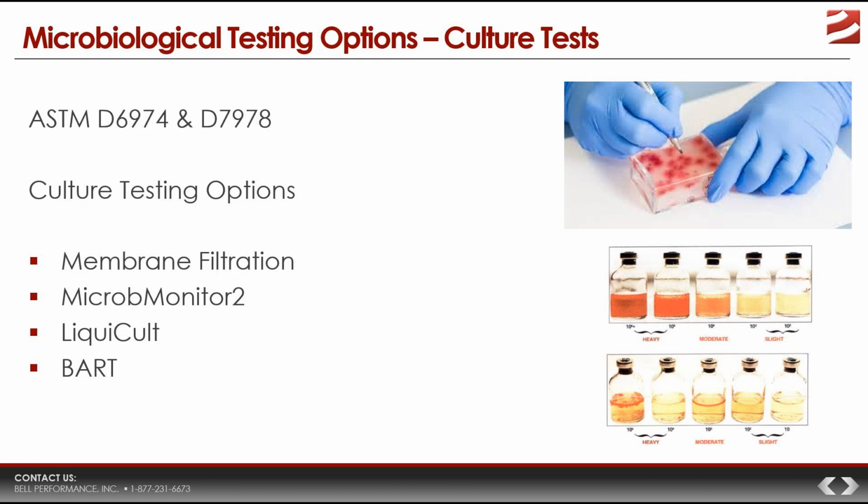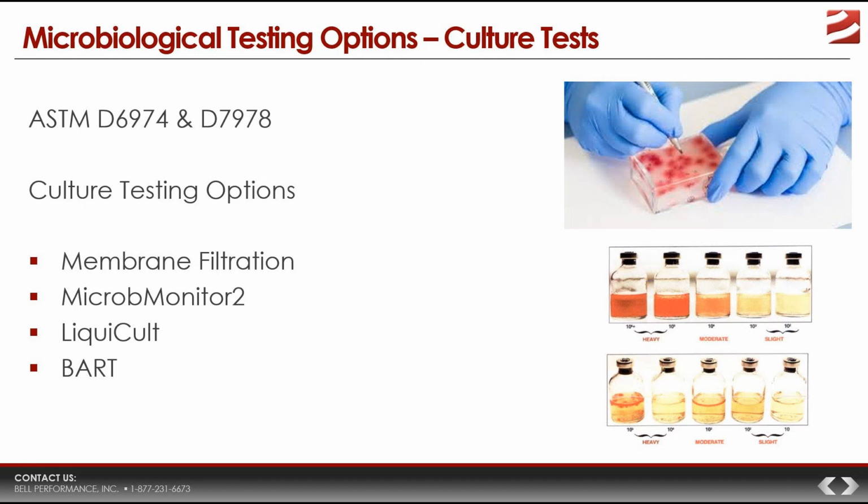Of course, a source of error for that could be that maybe one user thinks that it's this shade of red or this shade of orange, and another person says, no, it's this shade of orange. So there is possible deviation in interpretation of the test, but that's what a Liquicult is.